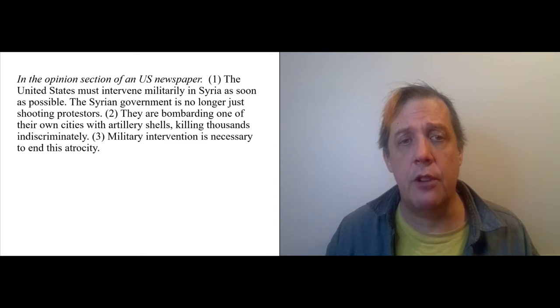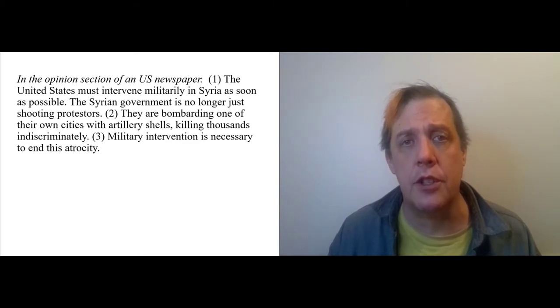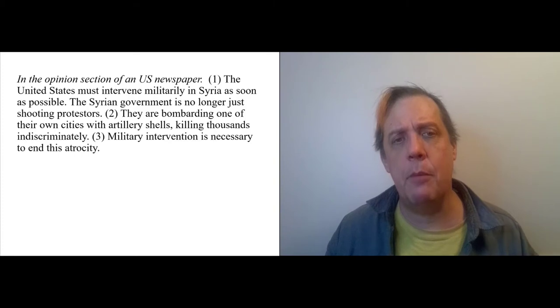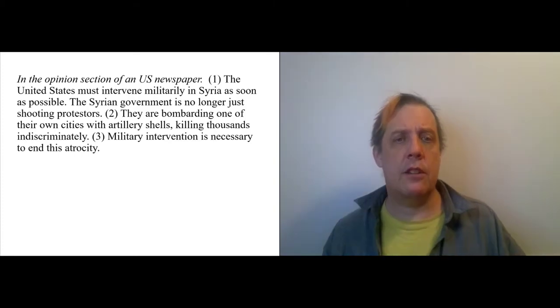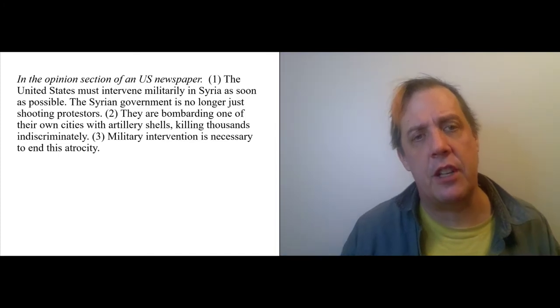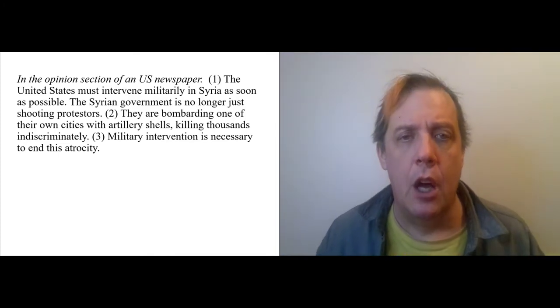We're leaving out the statement, the Syrian government is no longer just shooting protesters, because that's just setting up what the statement that I've labeled number 2, that the Syrian government is shelling one of its own cities with artillery shells.